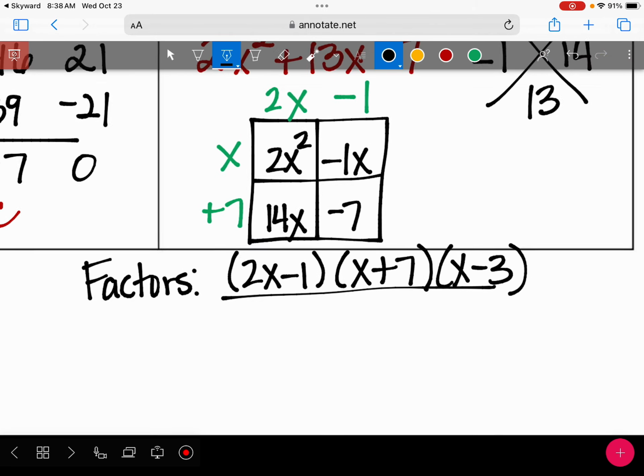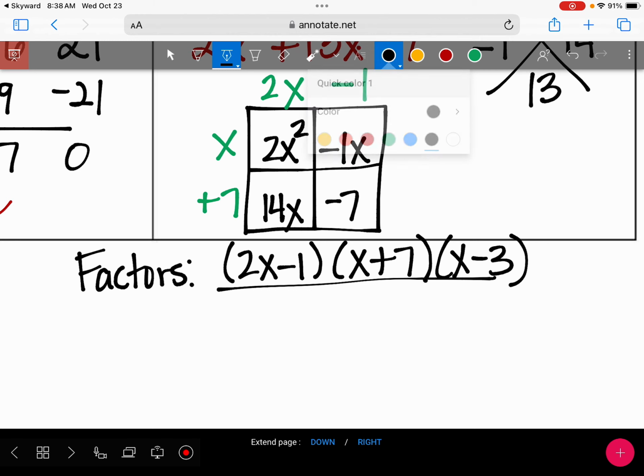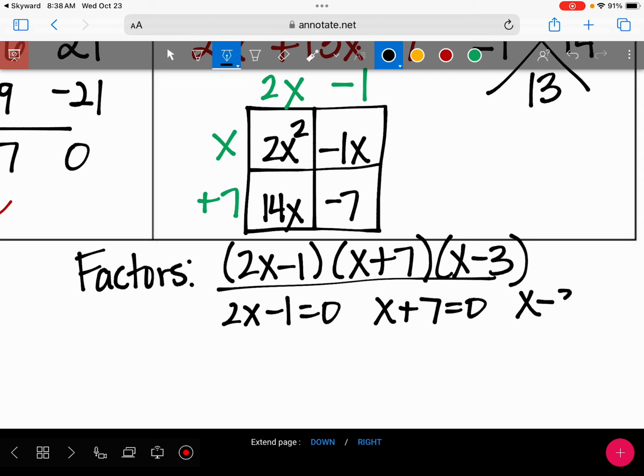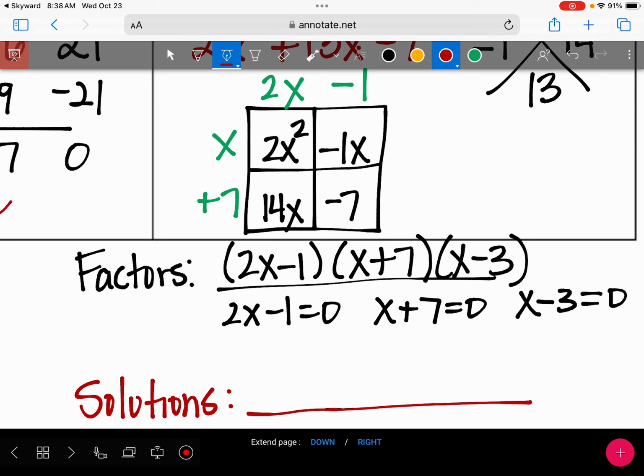Go ahead, set all three of those equal to 0 and get your three solutions. All right, any questions about that?